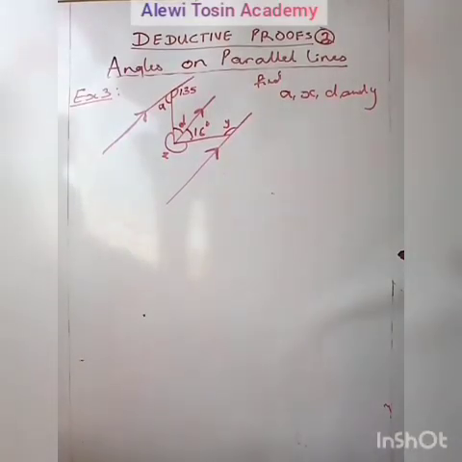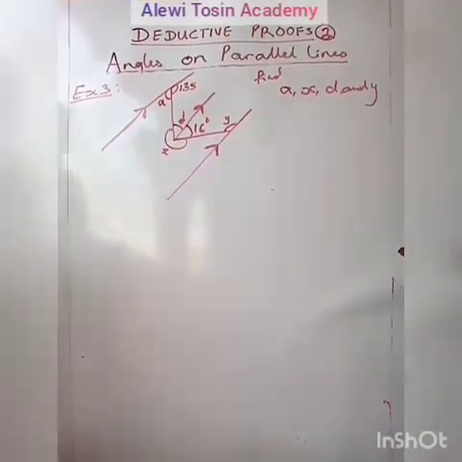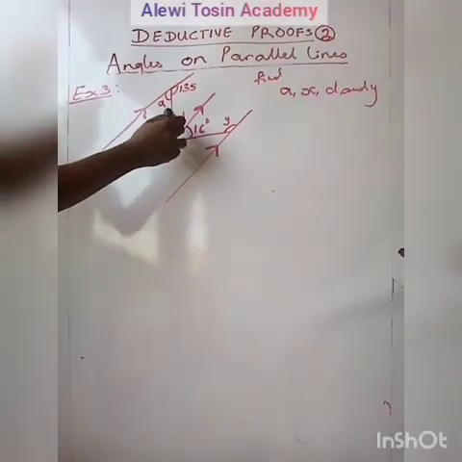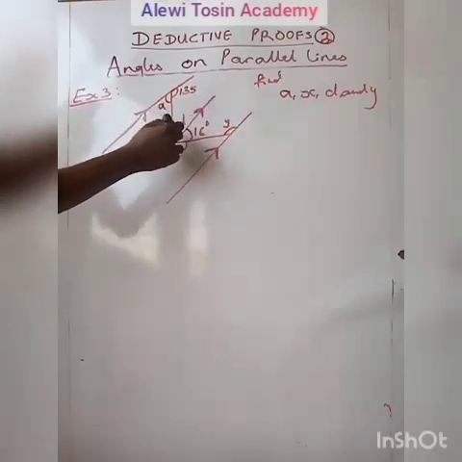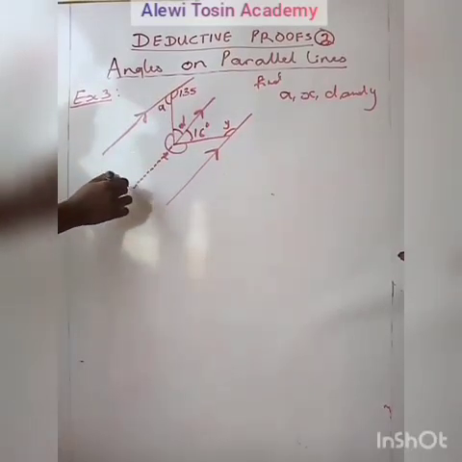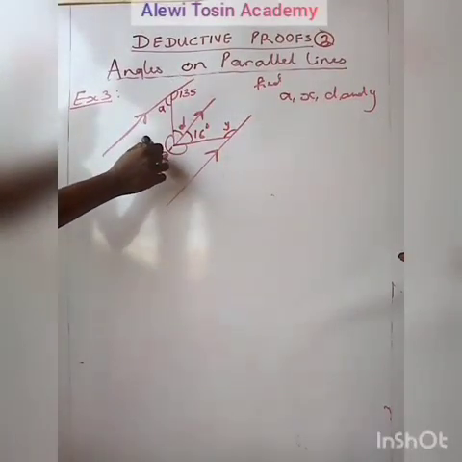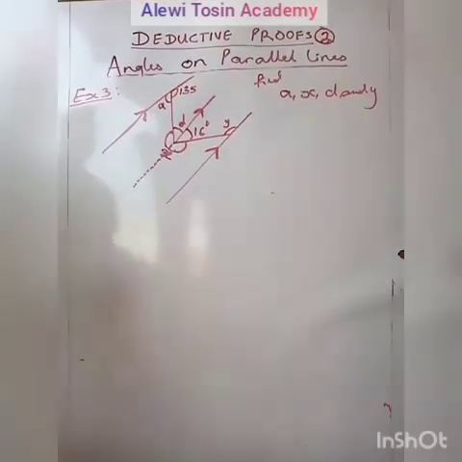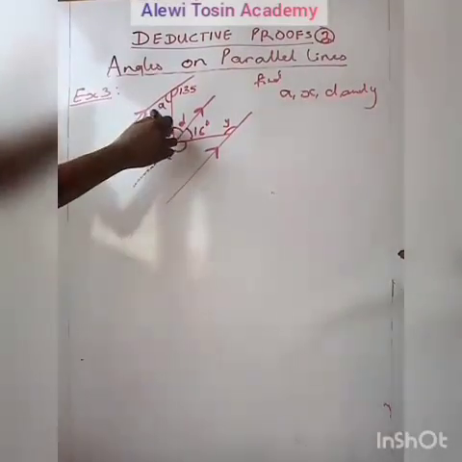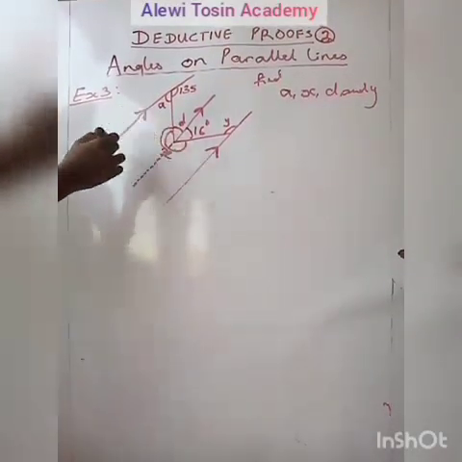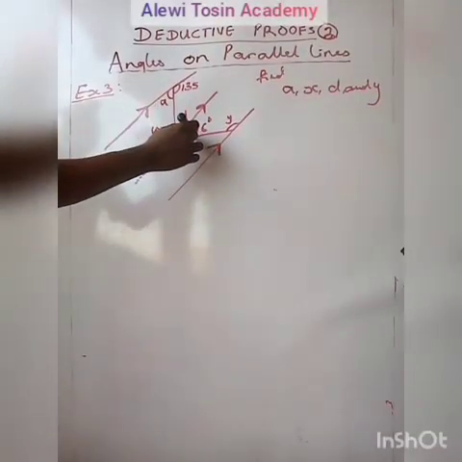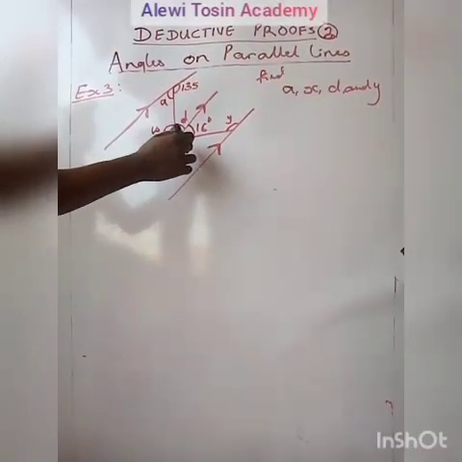Now, to make the question more answerable, let's introduce a construction here, which is the extension of this line. This x is still the combination of this angle and this angle. While introducing that construction, let's call this place W, and let's call this place B.